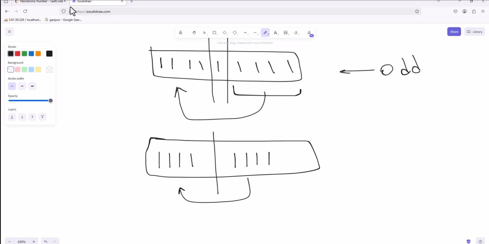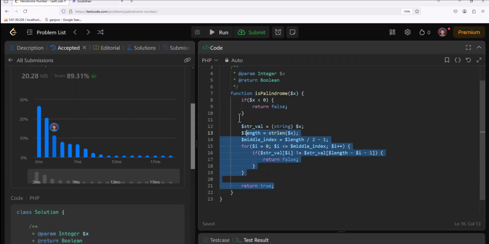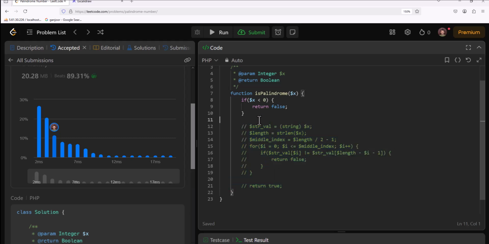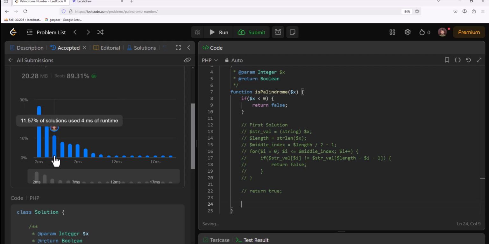Let me have this as the first solution. We are going to solve this and see that the first solution will take about 4 milliseconds.